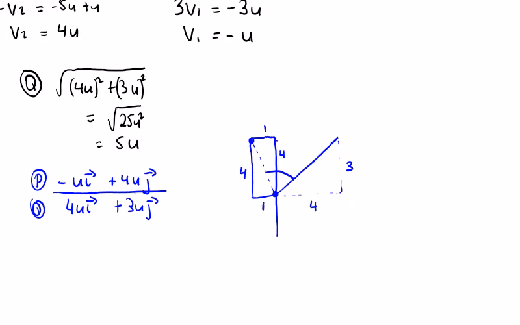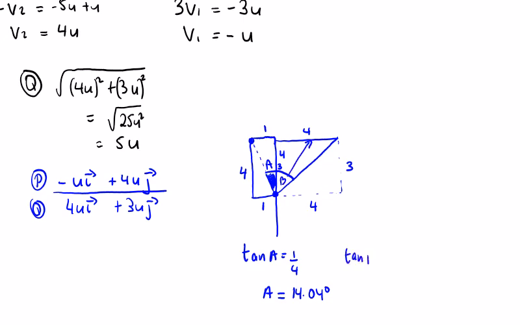And this triangle here will also have a 4 and a 3 along here. So let me just look at this angle. We'll call this one A. So the tan of A is equal to opposite over adjacent, which is 1 over 4. So the inverse tan of 1 over 4, just type it into your calculator, you're going to get just over 14.04 degrees.